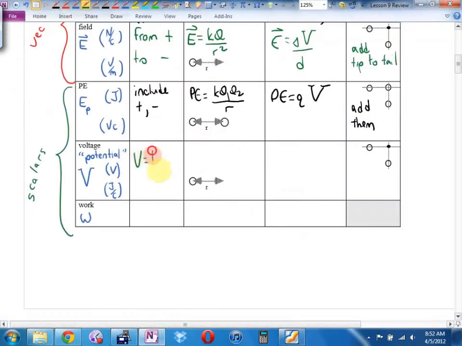Voltage equals KQ over R. Again, here you include the positive and the negative. You can have a negative voltage. That's just fine. That just means that positive charges would want to fall there. Negative charges would want to move away from there.